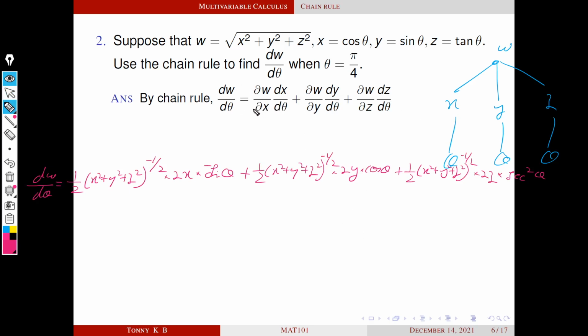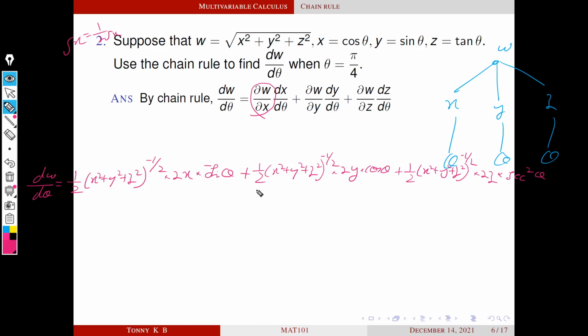Okay, so what about dou w by dou x? To differentiate this with respect to x, we know the derivative of root x is equal to 1 by 2 root x. So that's why this becomes 1 by 2 into x square plus y square plus z square raised to minus 1 by 2 into the derivative of the inside, that is 2x. Okay, next is dx by d theta. x is given as cos theta, so its derivative is minus sin theta.